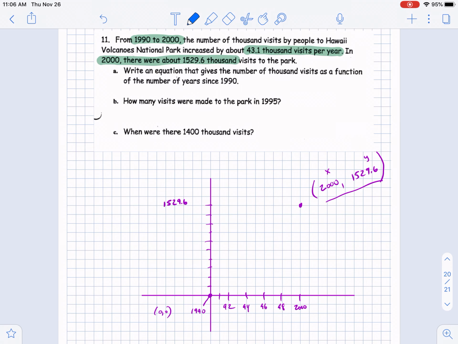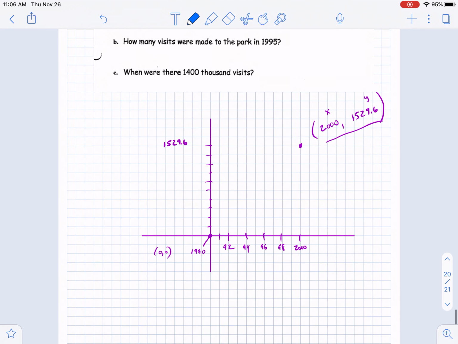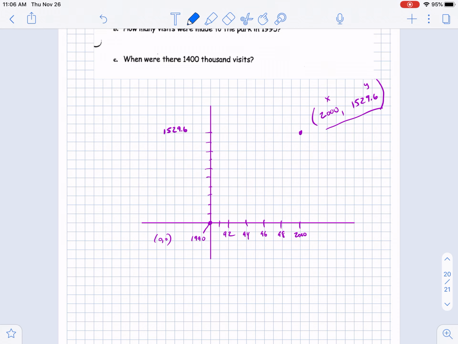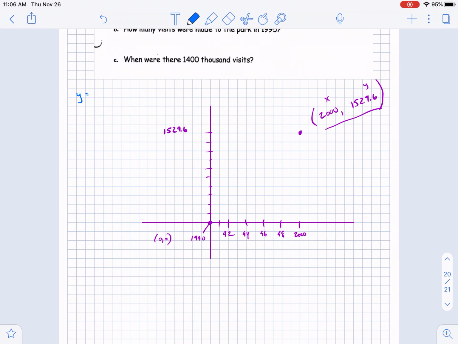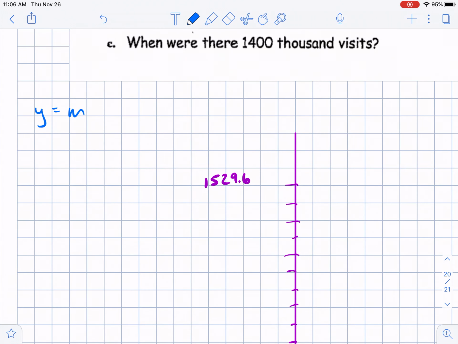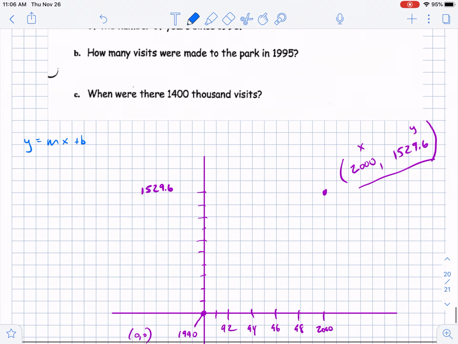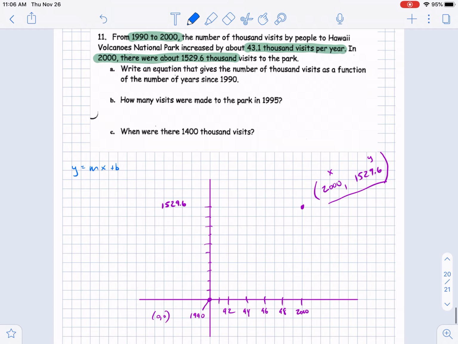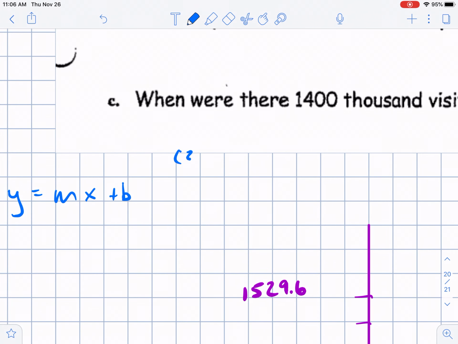So, y equals mx plus b. We actually have a point now. This is our point, 2000, 1529.6.